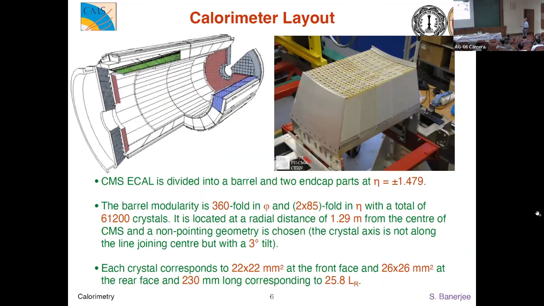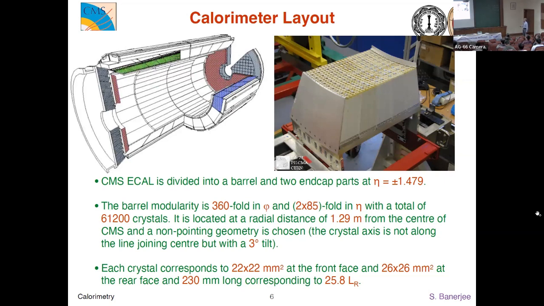So with this idea, we built the calorimeter in the central part of the detector, which covers an eta region from minus 1.48 to plus 1.48.